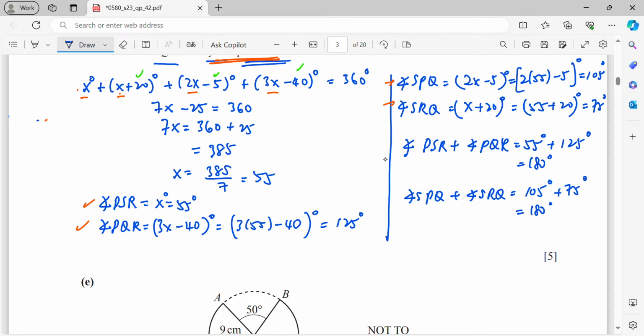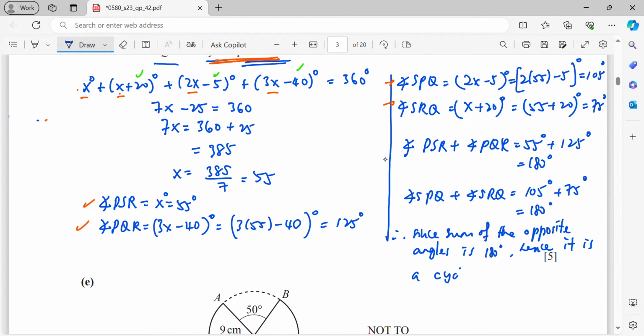So you just write here, since sum of the opposite angles is 180, hence it is a cyclic quadrilateral.